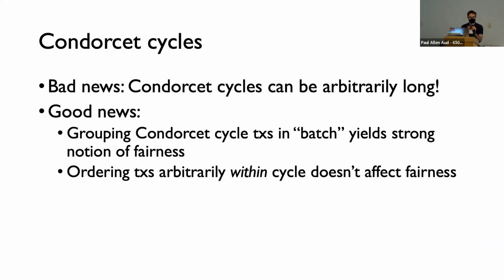We have to process them sequentially. So we actually need them ordered. We can order transactions arbitrarily within a cycle without impacting this notion of fairness, which we call batch order fairness. It remains intact when we do that. So that's the other piece of good news.